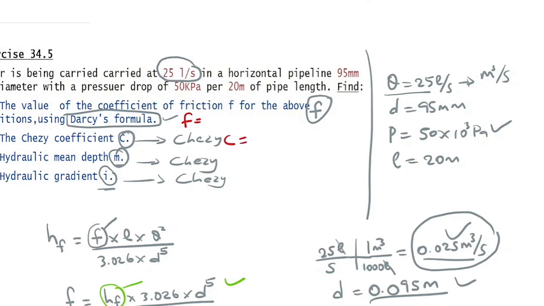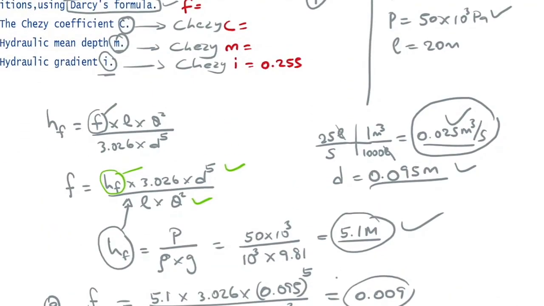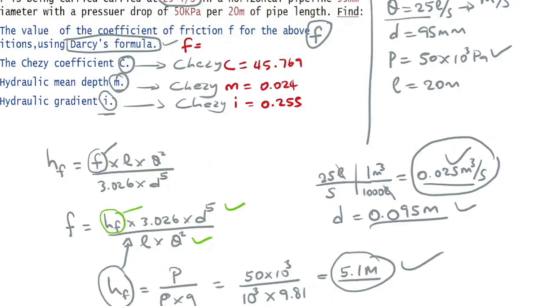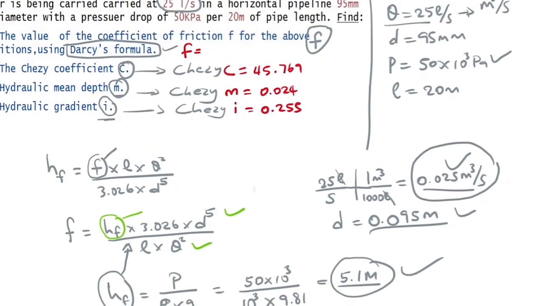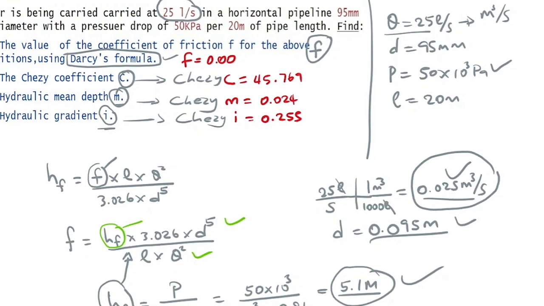C, found it. M, found it. I, found it. I is 0.255, M is 0.024, Chezy's coefficient is 45.769, and the coefficient of the friction F is 0.009.